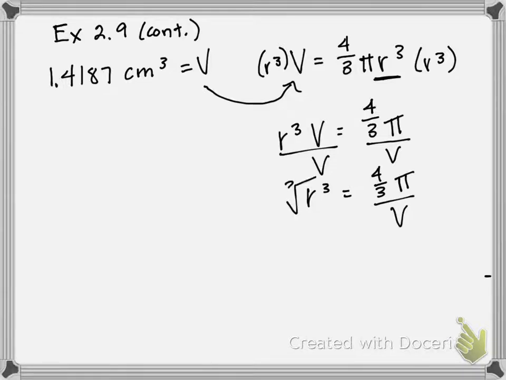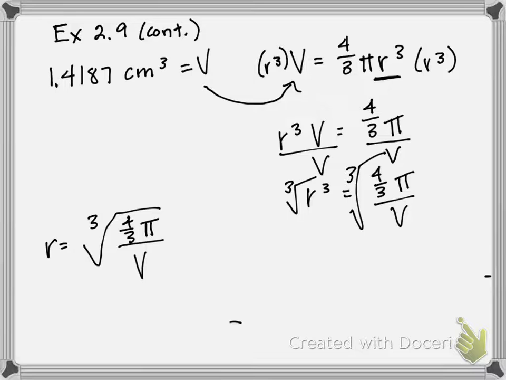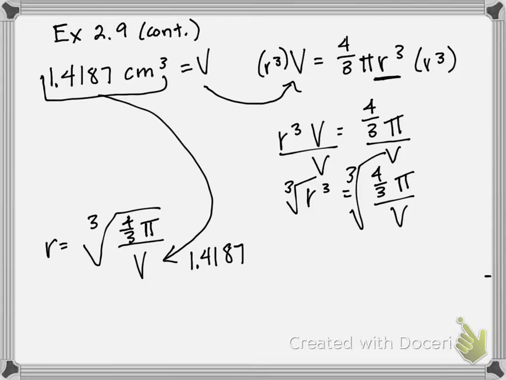And then I'm going to take the cubed root of that so that I get r is equal to cubed root of 4 over 3 pi divided by v. And v, remember, is 1.4187 centimeters cubed. So if I take the cubed root of that, that gets rid of the cubed there.